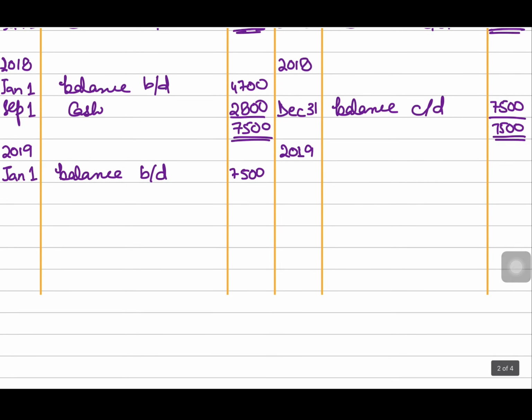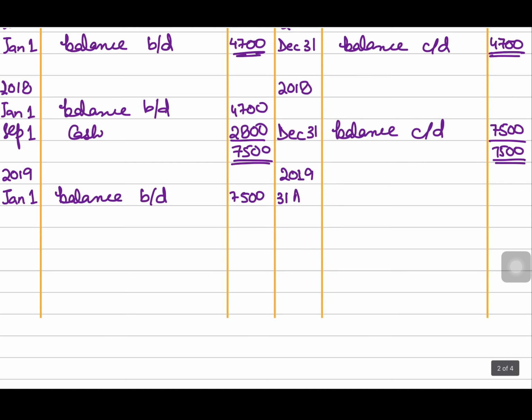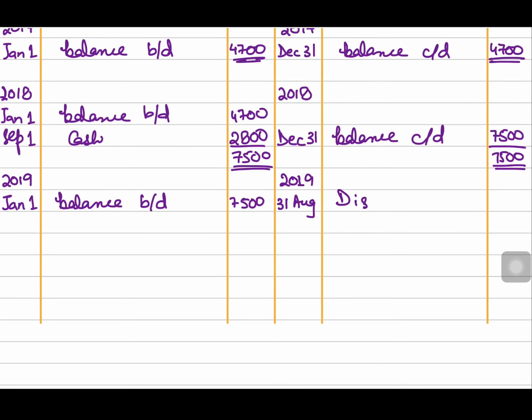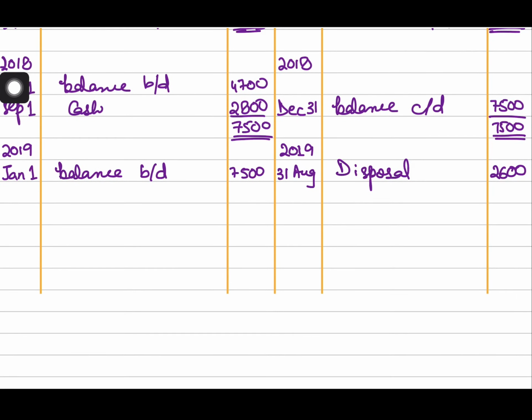So this is happening on 31st August. Okay, so 31st of August disposal, amounting to 2600, right? This is this machinery which was purchased on 1st of January, the first one. Now after crediting the disposal, now we will calculate the balance carried down figure, and that will be 7500 less 2600, okay, which will be 4900.